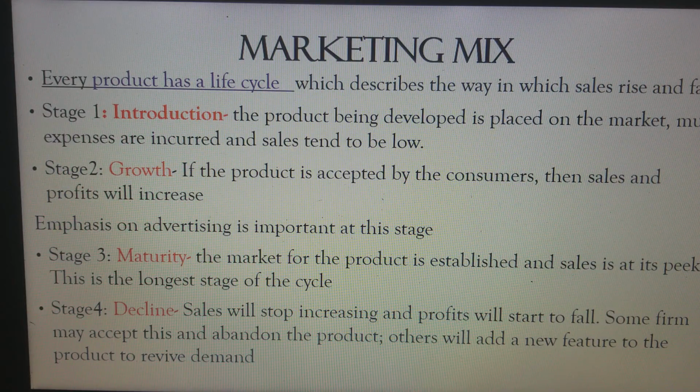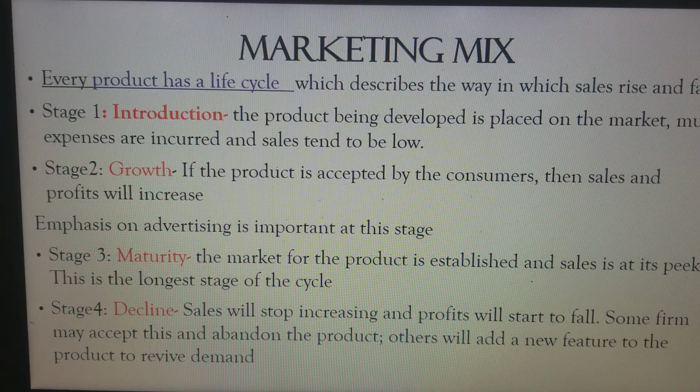Some firms may accept this and abandon the product, or others will add a new feature to the product to revive it. Let me give you an example. With Kentucky Fried Chicken, they used to do only chicken and fries and juice. And after that, the product reached maturity.